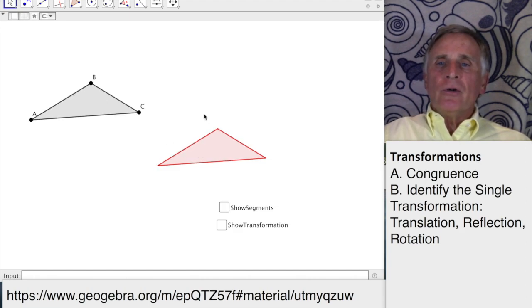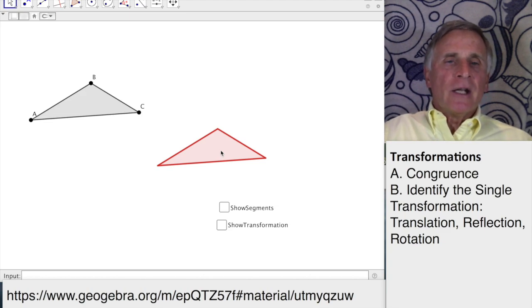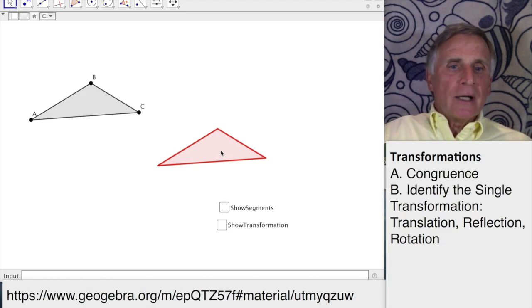If these two are congruent, I should be able to come up with a sequence of transformations to take the black onto the red, but here we're only looking at techniques to identify a single translation, reflection, or rotation.